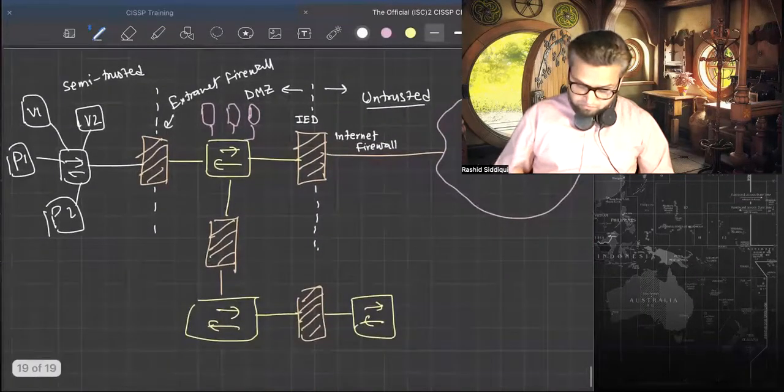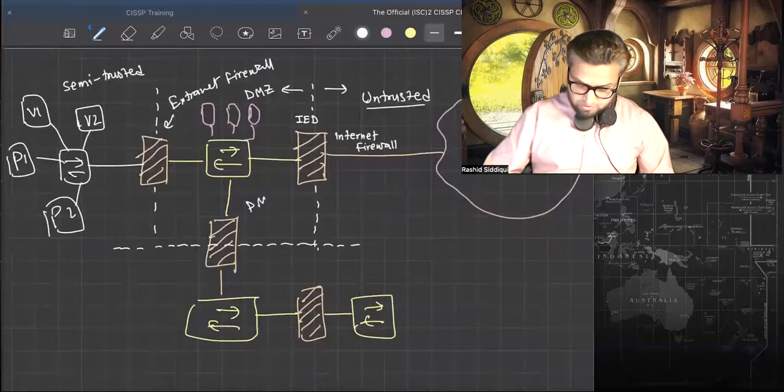Then we have another firewall which actually separates DMZ.